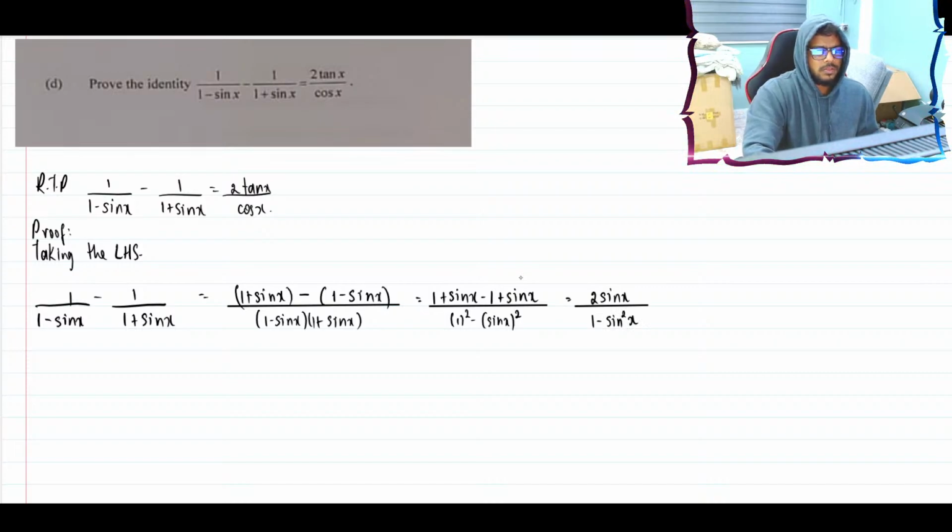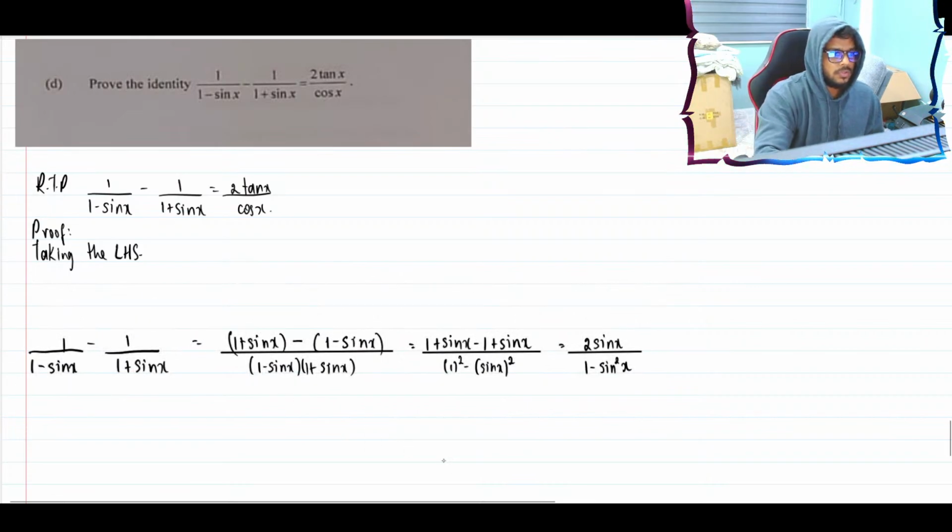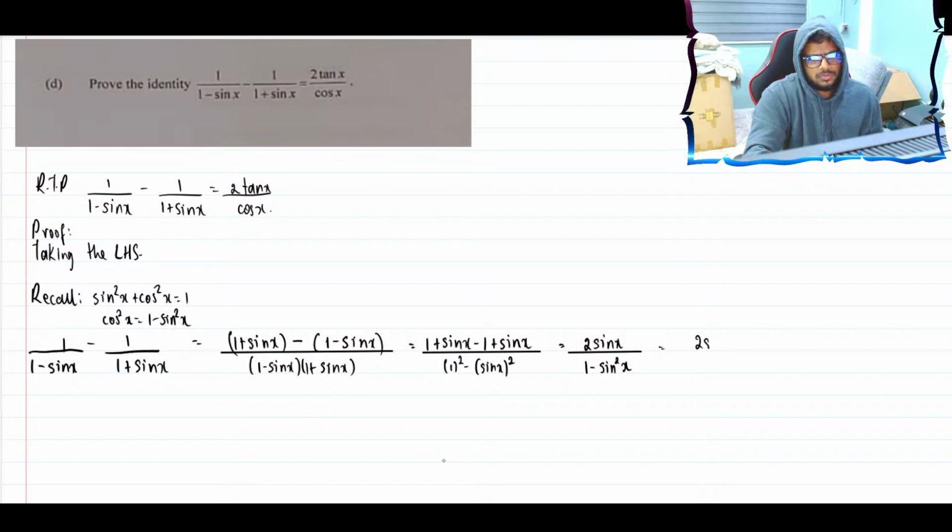Now, you have to recall. What I usually do in the beginning of a proof is have my recall line. Any identities I need to recall, I just jam in this line. I recall that sine squared x plus cos squared x is 1. Therefore, cos squared x is 1 minus sine squared x. So this is going to be 2 sine x over cos squared x.